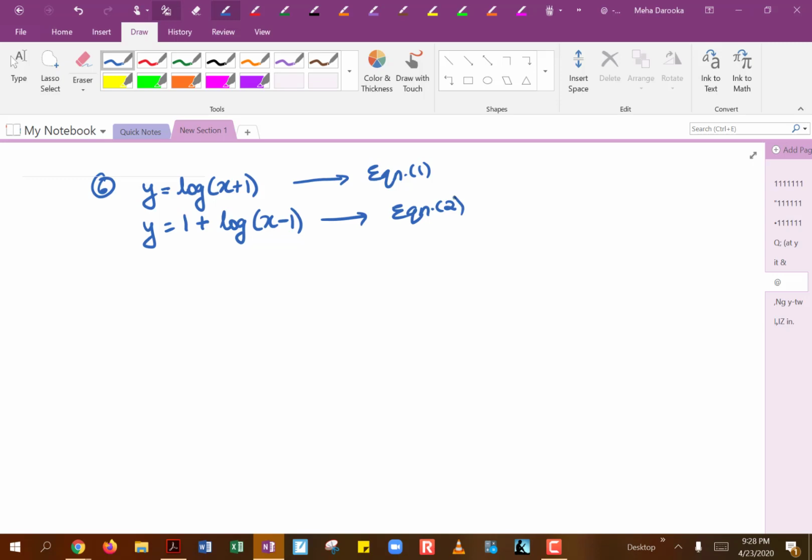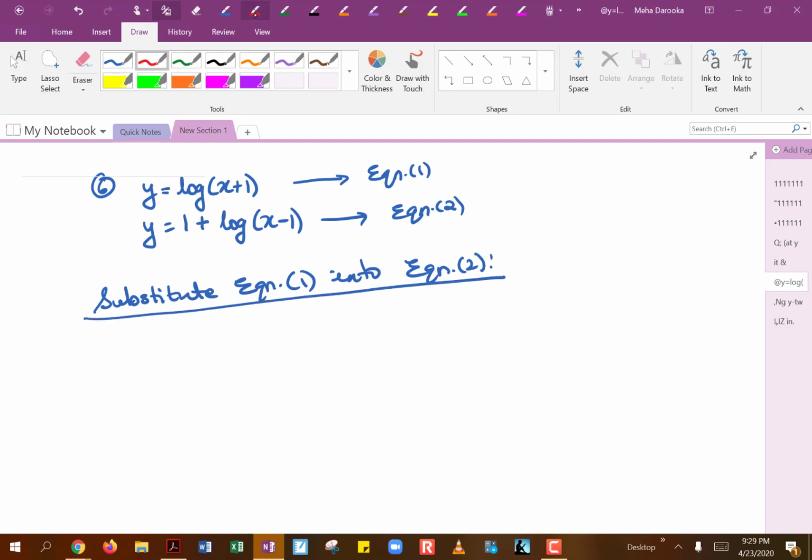Now in this example, instead of using the addition method, we are actually going to use the substitution method. So what we are going to do is substitute equation 1 into equation 2. That basically means you are going to take this value here and replace it for y in your equation 2.